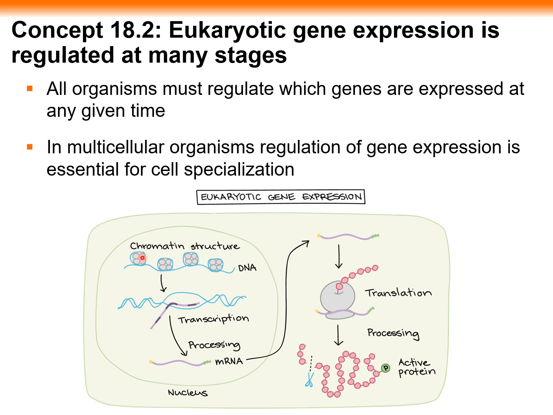Everything from general chromatin structure to whether or not we transcribe, how we process the mRNA, whether or not we translate, and then even post-transcriptional modification in the protein. So several things we're going to touch on, not in a ton of detail, but we are going to touch on these different elements in this next section.